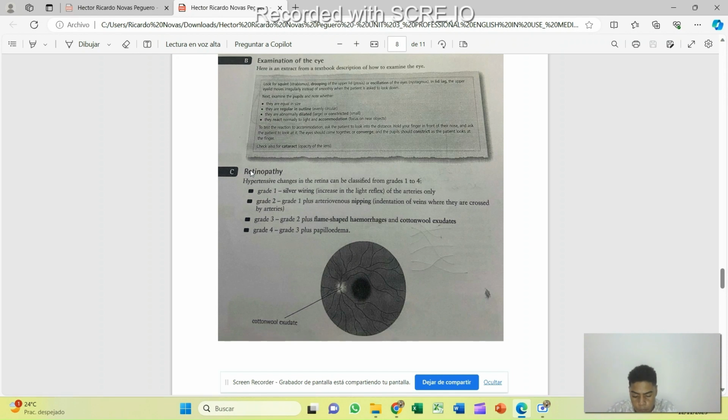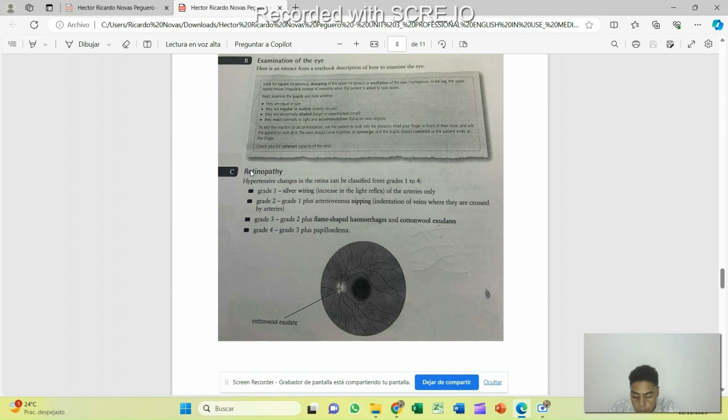Grade 2: grade 1 plus arteriovenous nipping, indentation of veins where they are crossed by arteries.